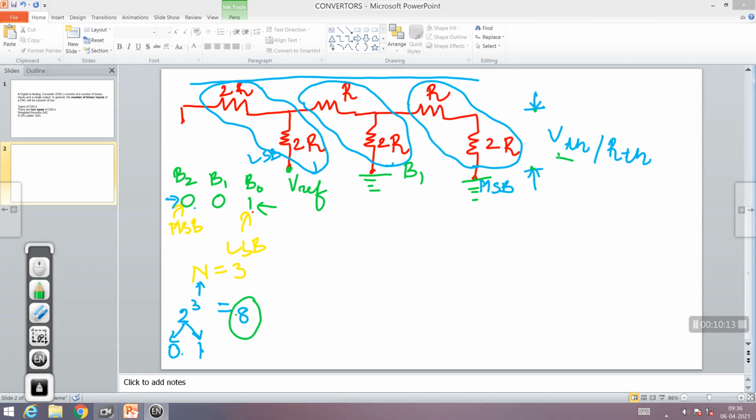So basically, what is VTH and what is RTH? VTH is the voltage experienced at this point because of this entire network. RTH is the resistance experienced at this point because of this entire network. Okay, with 0, 0, 1 as my input, how do I find my VTH at these particular points and how do I find my RTH at these particular points?